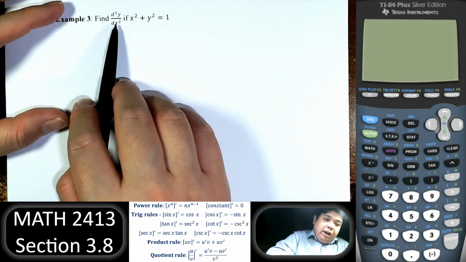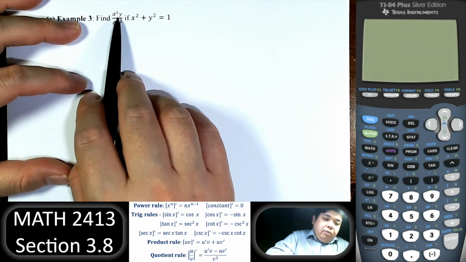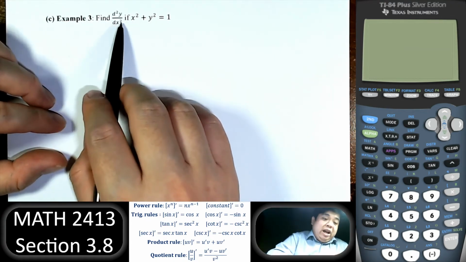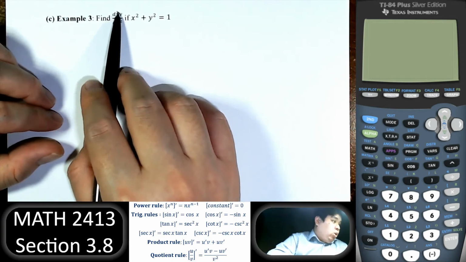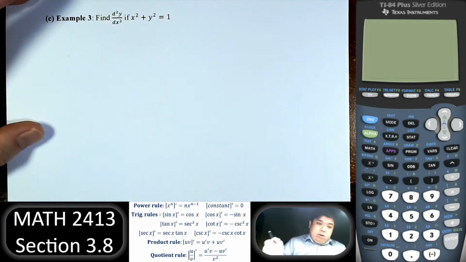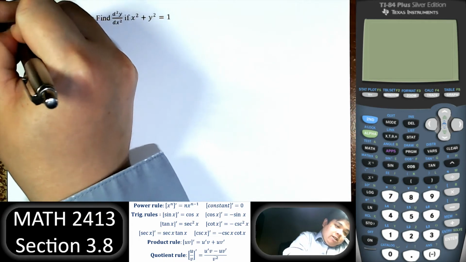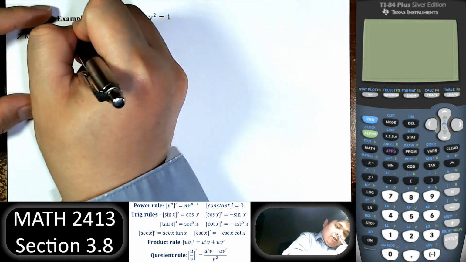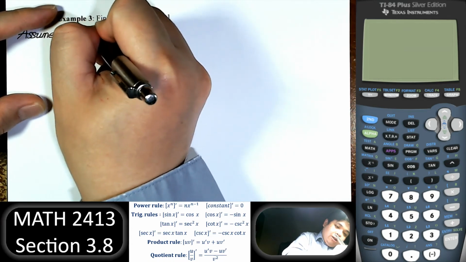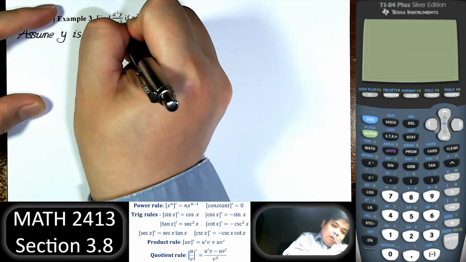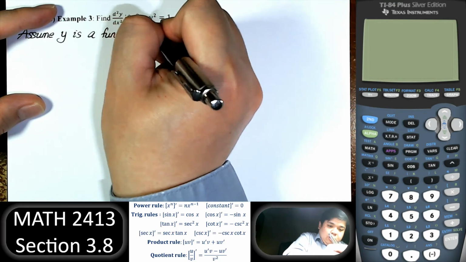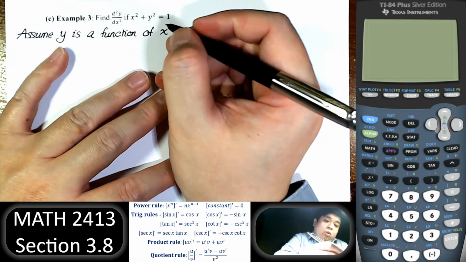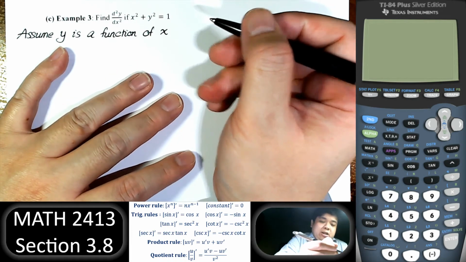Now find the second derivative for this equation. Once again, y is a function of x when we see that. So first we assume y is a function of x, and then we differentiate with respect to x.